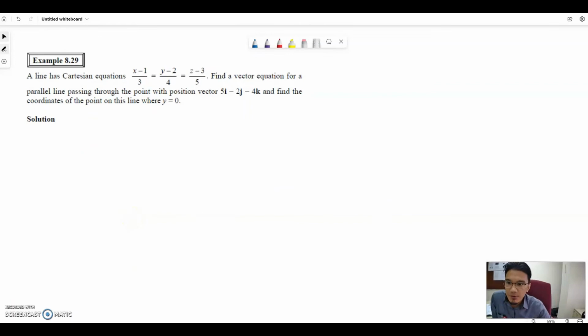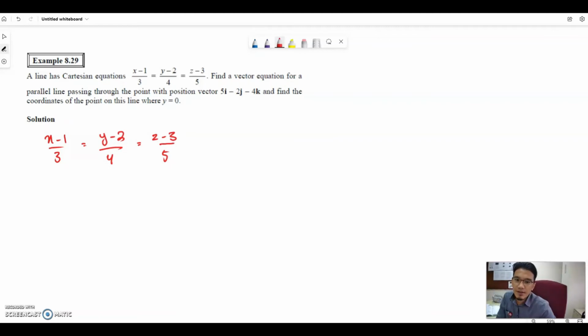We proceed with the next example, example 8.29. From this example, a line has Cartesian equation of (x minus 1) over 3 equal to (y minus 2) over 4 equal to (z minus 3) over 5.